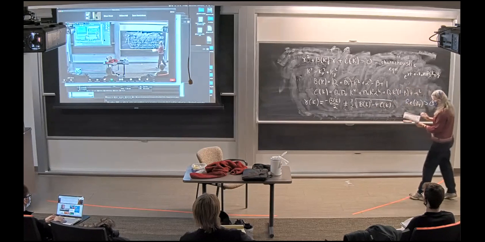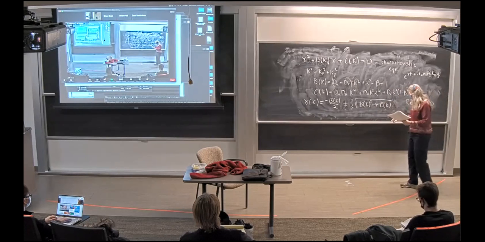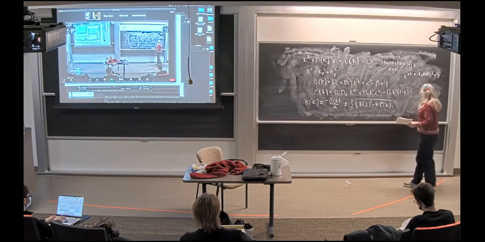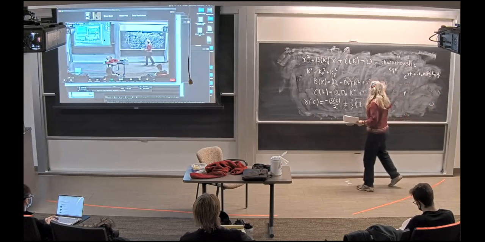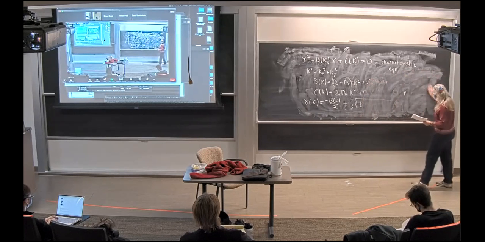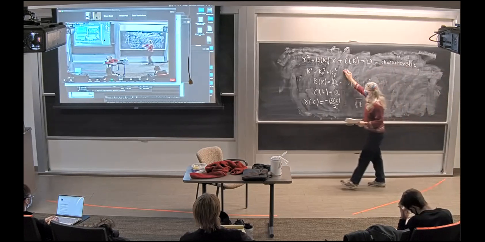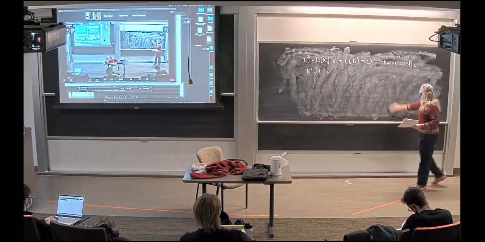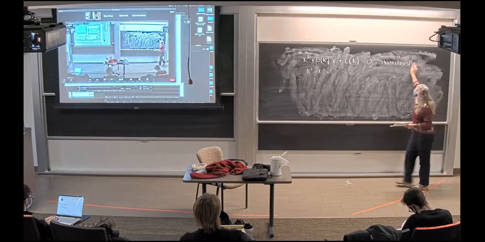So one more thing I wanted to talk about is the temporal behavior, and this is cool for other reasons. We can have an instability in space, which is what we just talked about.